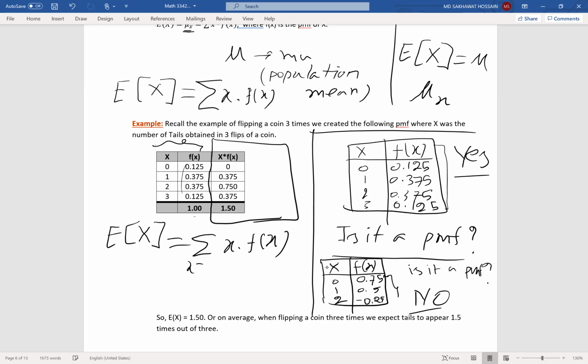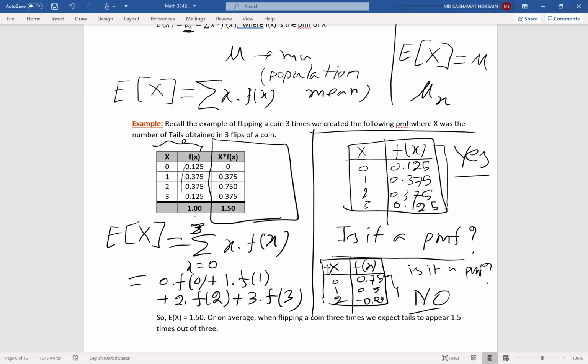So that means 0 times f of 0 plus 1 times f of 1 plus 2 times f of 2 plus 3 times f of 3.